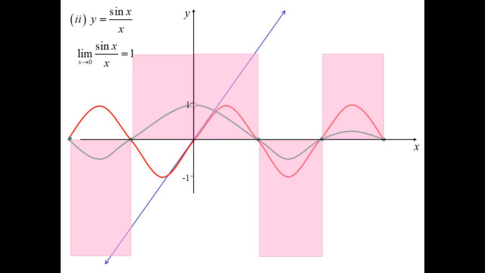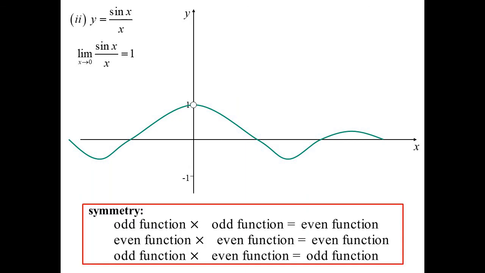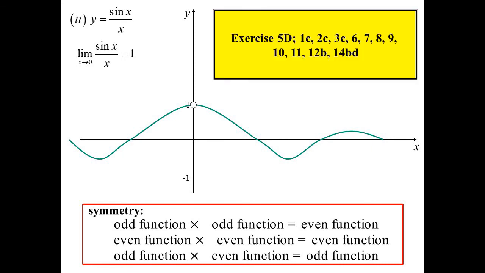So this curve, it still looks like a sine curve, but as it winds down, it's actually getting closer and closer to the x-axis. It's also an even function because sine x turns out to be an odd function. Y equals x is an odd function. Odd divided by odd is even. Oh, I think that'll do us.